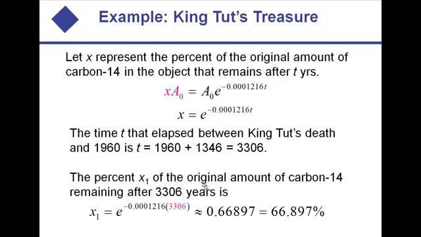The time t that elapsed between King Tut's death and 1960 was 3,306 years. So the percent x sub 1 of the original amount of carbon-14 remaining after 3,306 years is just going to be this formula where t is 3,306 years. We put it in, and there should be roughly 66.897, right? Almost 67% of the original amount should be left.